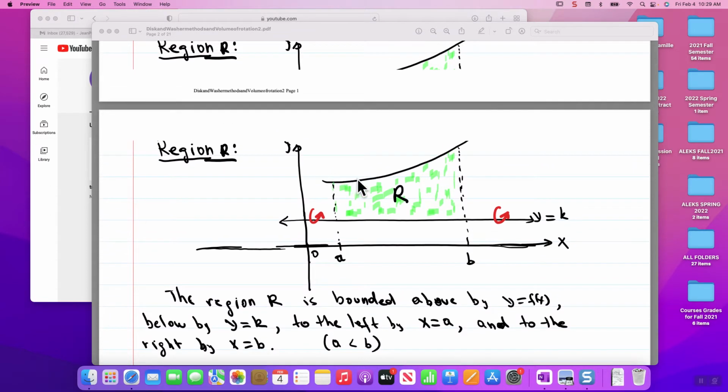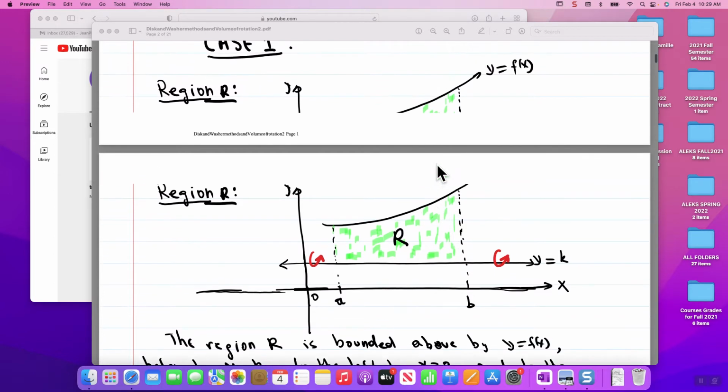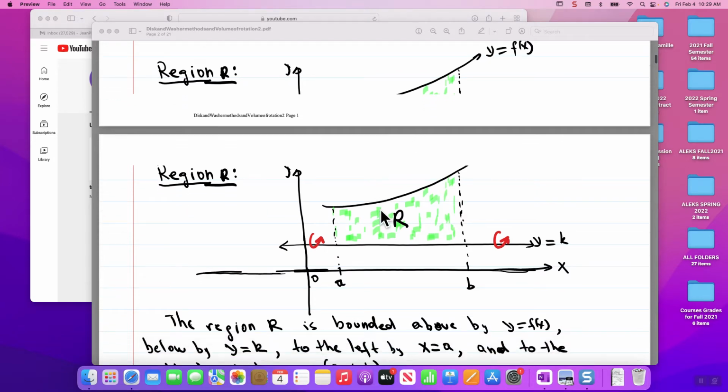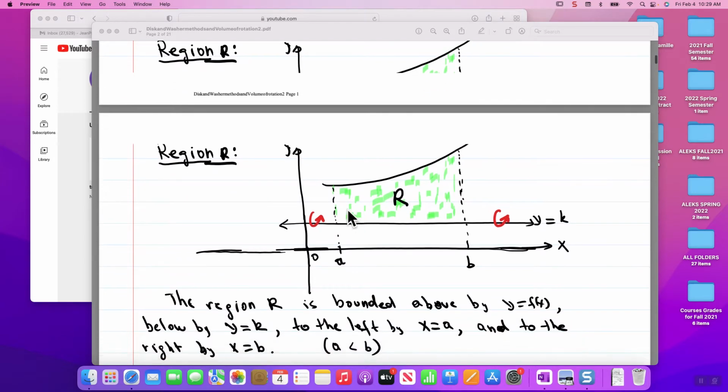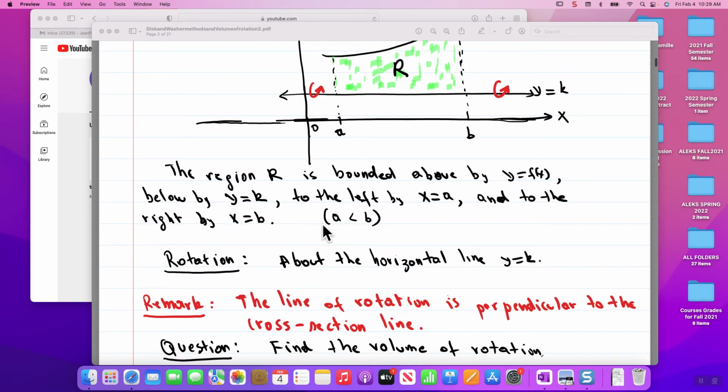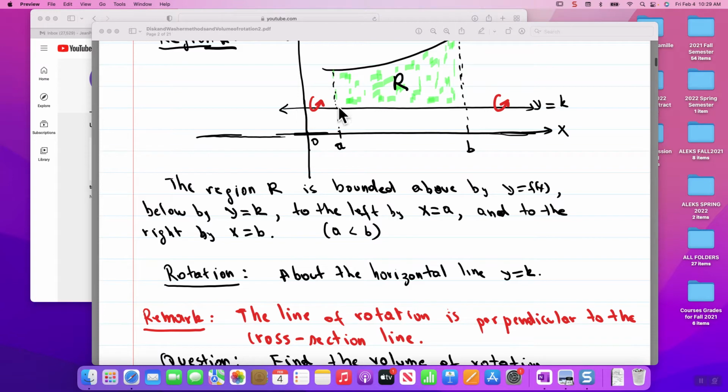Region R is bounded above by the curve y equals f of x, to the left by the vertical line x equals a, to the right by another vertical line x equals b, and below by the horizontal line y equals k. And then they tell us that the rotation is with respect to the line y equals k. So this is the line y equals k.